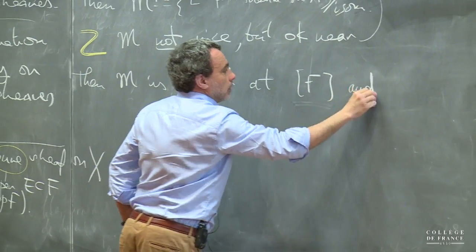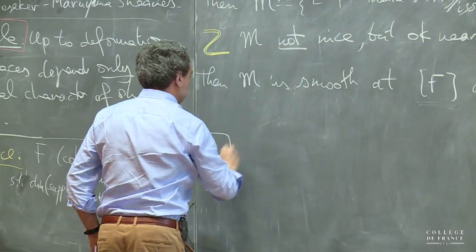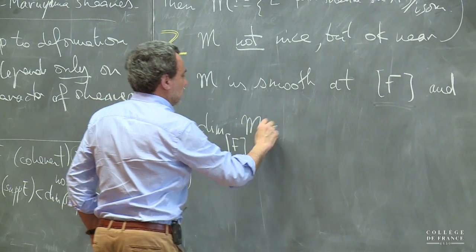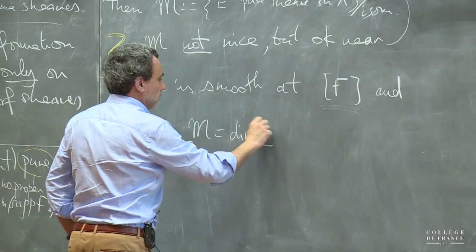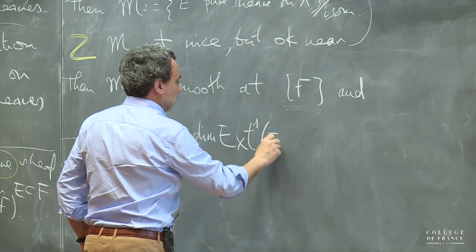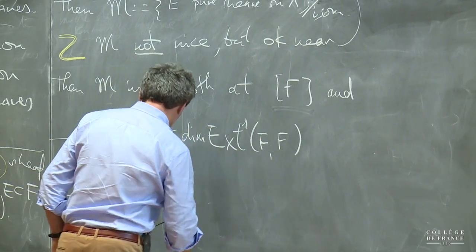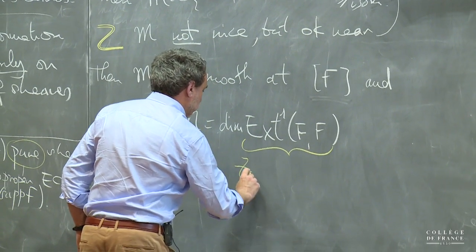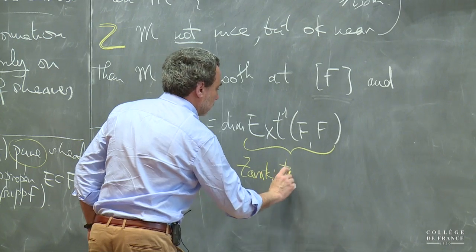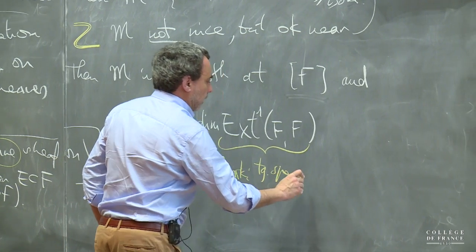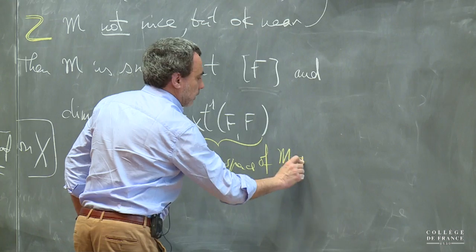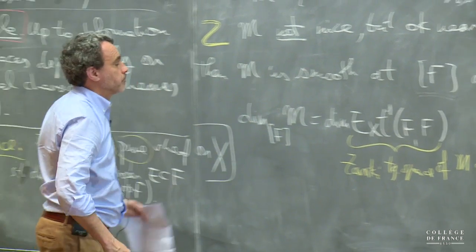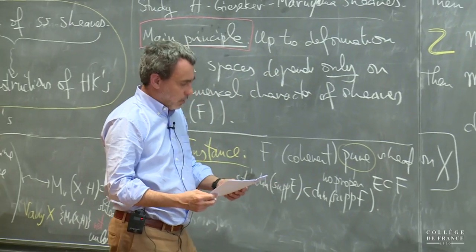And the dimension at that point is the dimension of the Zariski tangent space of M at F. And why is this?